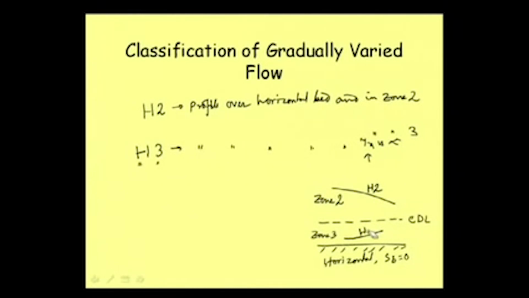Well, so over horizontal bed also we can have gradually varied flow profile. When we say profile here, we are always talking about the gradually varied flow profile. So, the flow profile occurring above horizontal bed, we get two types of profile, one is H2, another is H3.